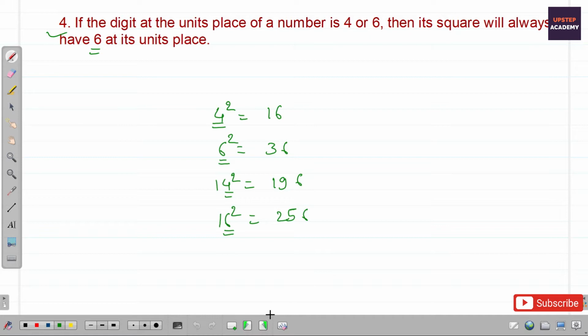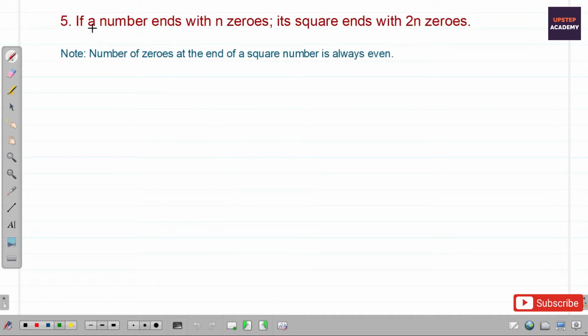Now let us go and see the fifth property. Fifth property of square numbers is if a number ends with n zeros, its square ends with 2n zeros. The number of zeros at the end of a square number is always even. For an instance, let's take 10. Square of 10 is 100.